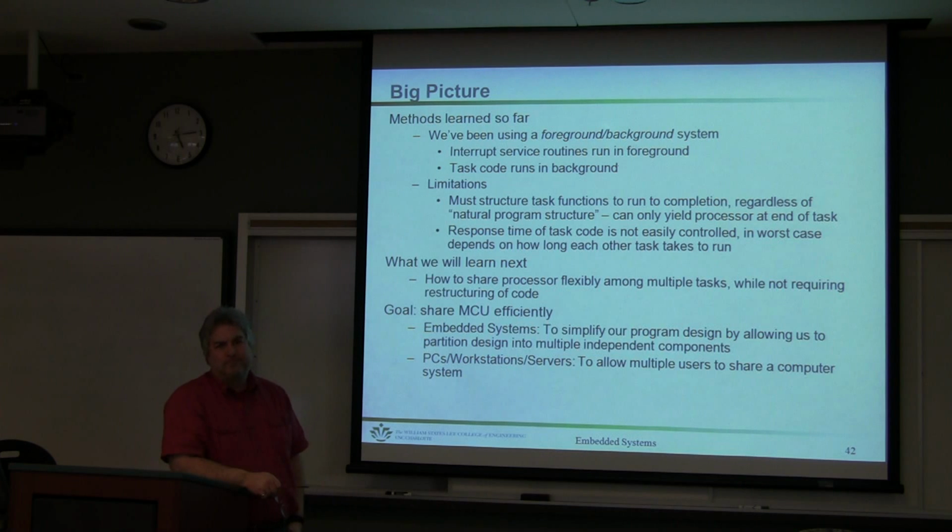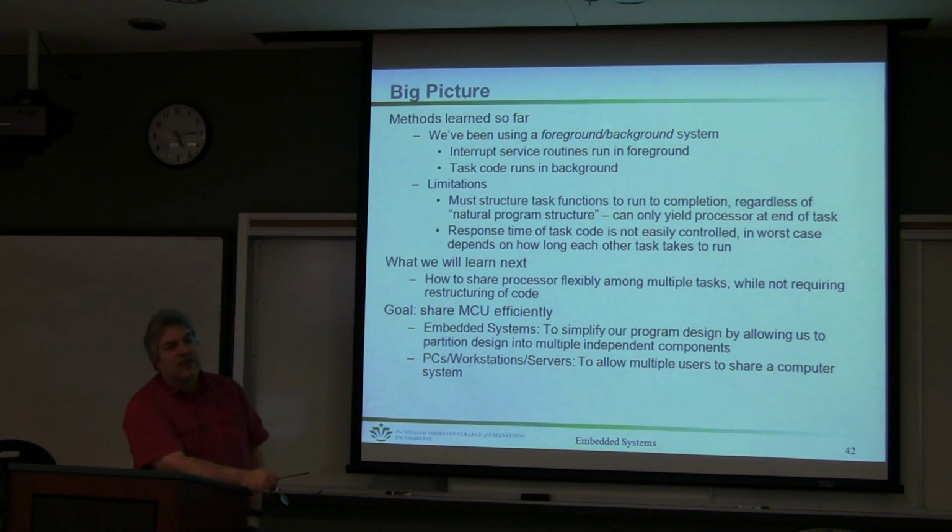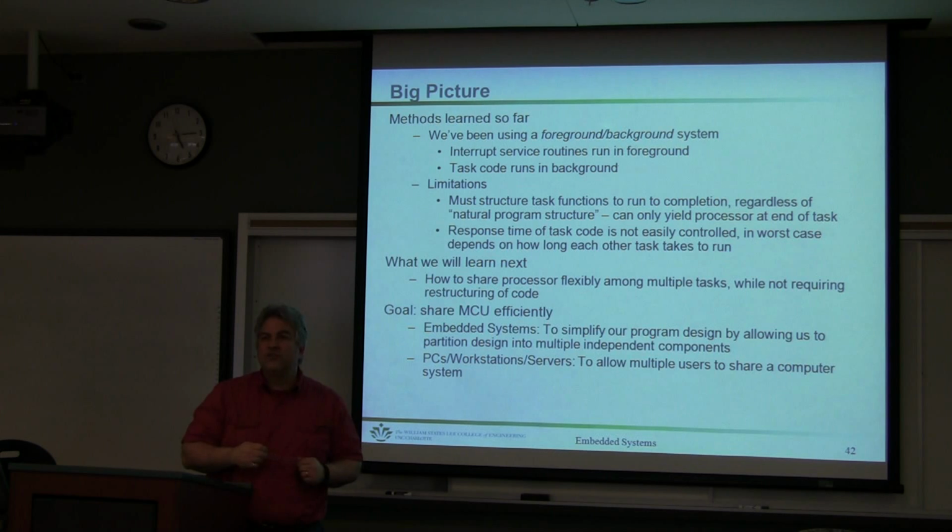For example, in the situation where we had queues running with serial communications, actually handling the queues was done in the background. The foreground would be any of the characters that came in, how it was handled and put off into a buffer. The limitation, of course, is that the natural program structure is difficult to do, saying this is foreground, this is background, unless you have a higher level of control.